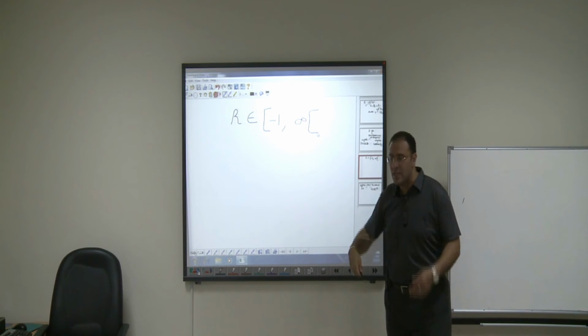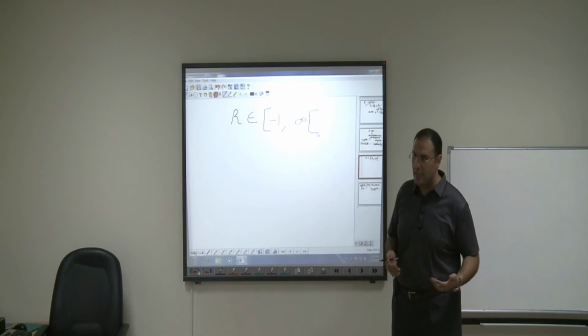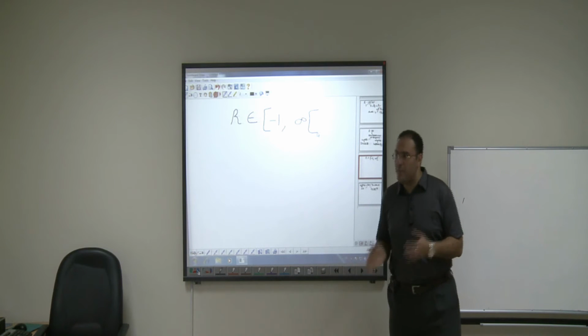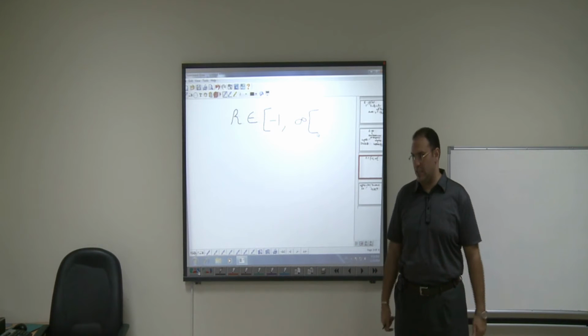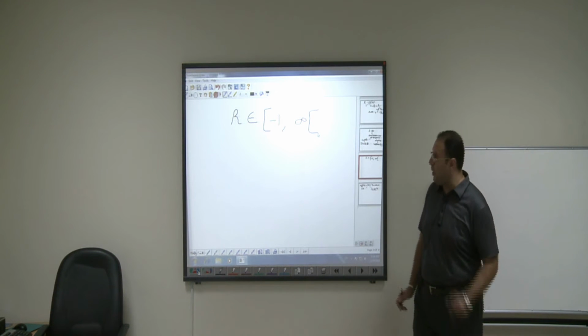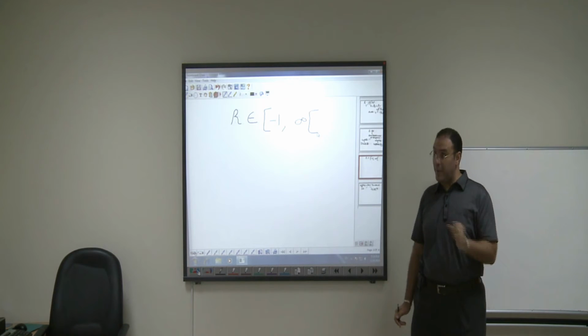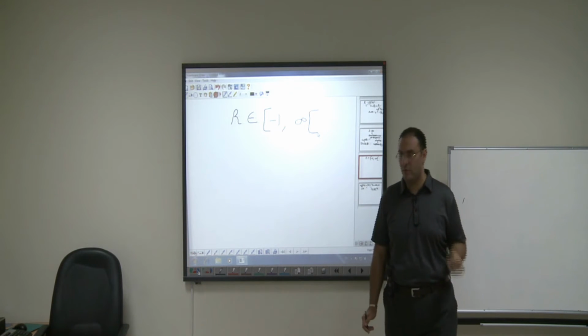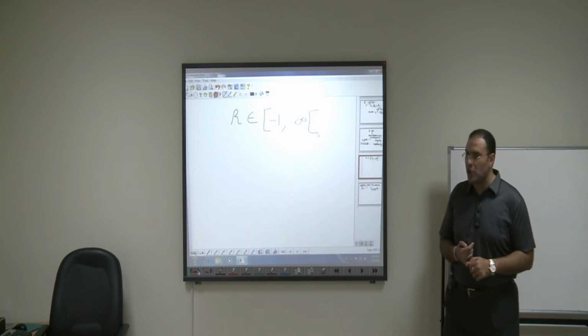Why? Because the potential for gain is much larger. The gain itself is unbounded, unlike the loss, which is bounded. So R is not bounded from above, but bounded from below, and therefore the potential for gain is much larger.